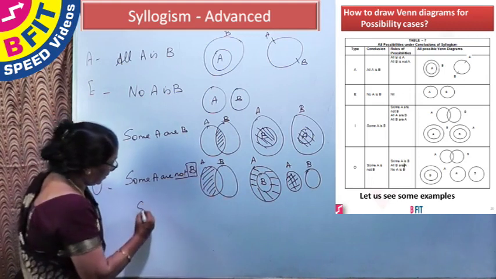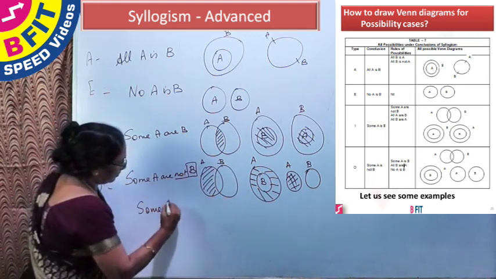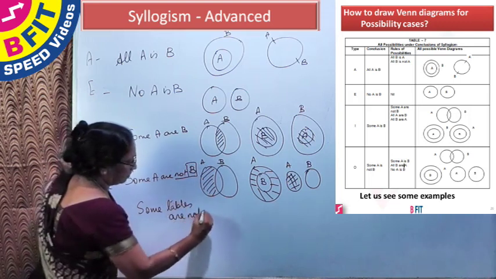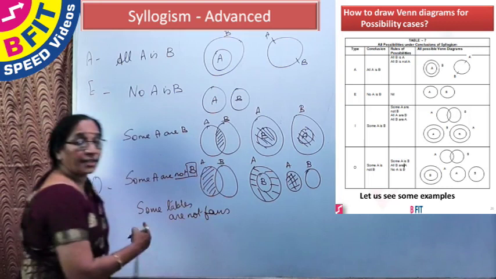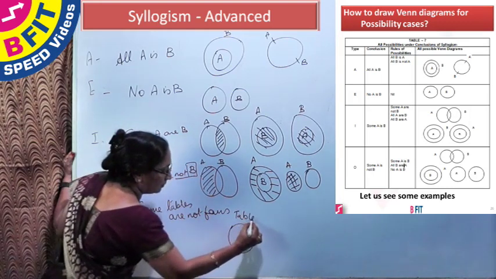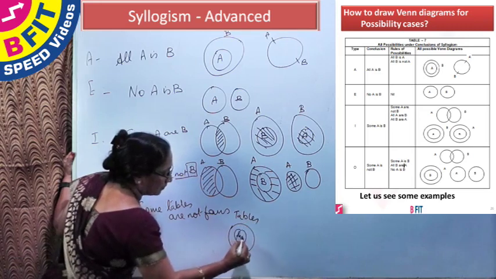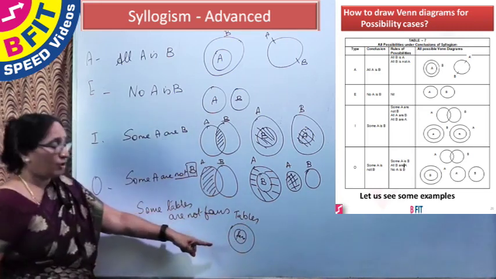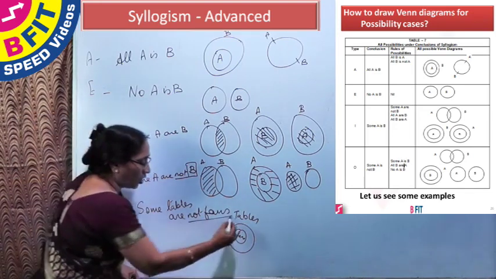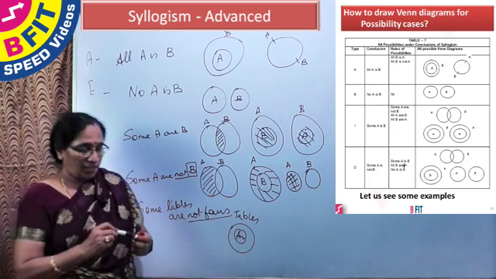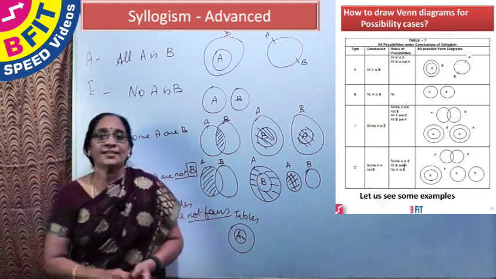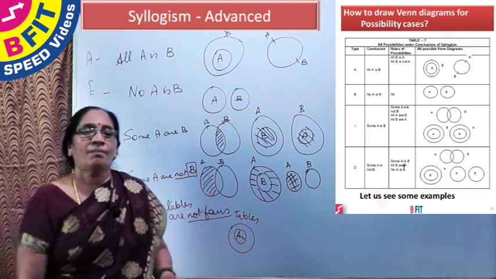If it is going to be some tables are not fans, then some tables are not fans has to be drawn like this for the second case. Whatever comes after not has to go inside. These are the ways in which we can draw the diagrams for the possibility cases, and let us now move on to the questions regarding possibility cases.